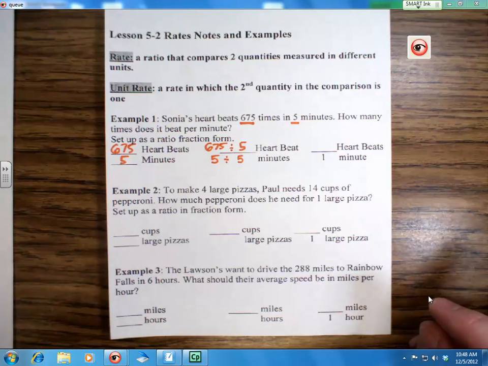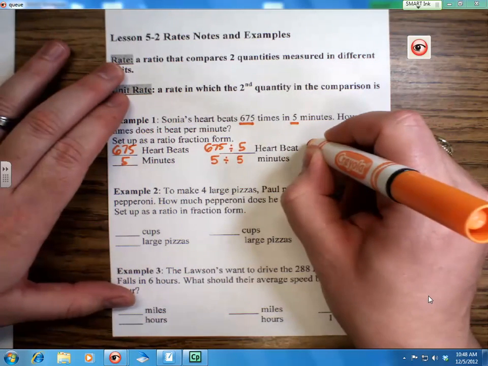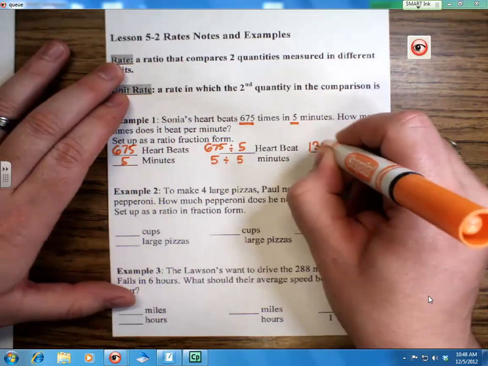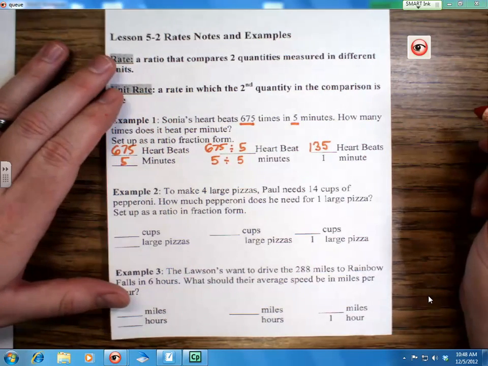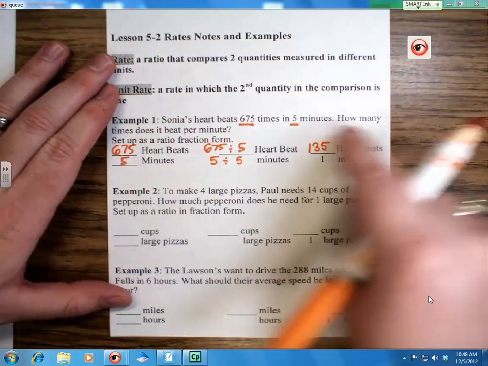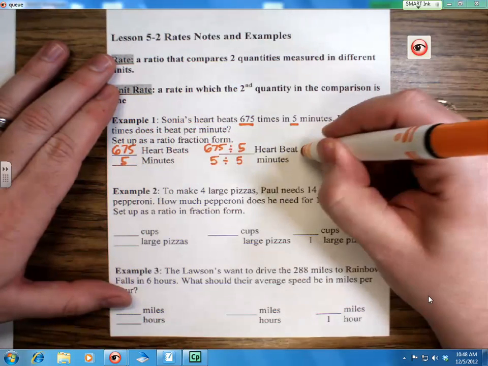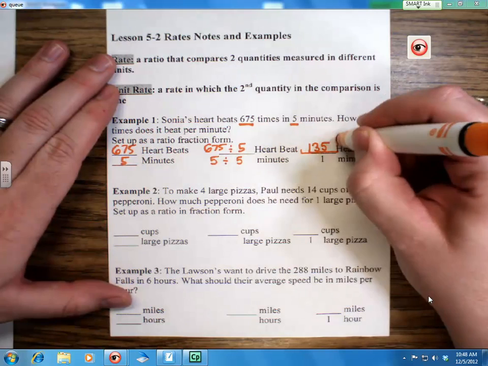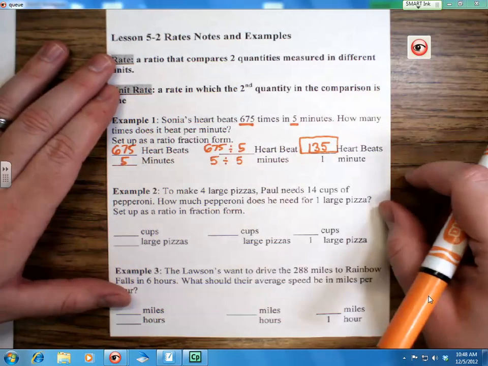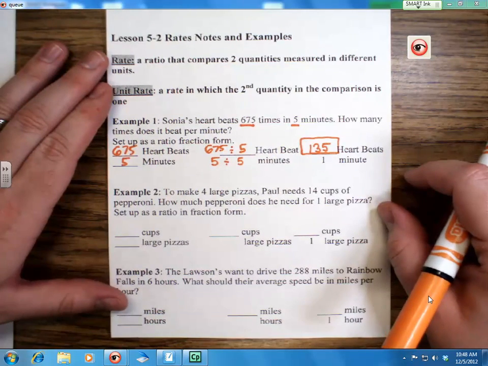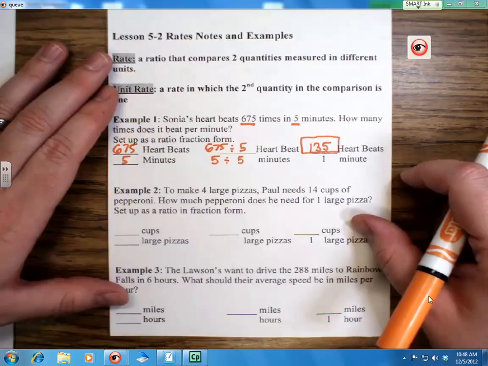Well, 675 divided by 5 is going to be 135. So my answer to that question, how many times does it beat per minute? Well, that's going to be 135 times in 1 minute. That's our unit rate, because we found out that it's beating 135 times in 1 minute.